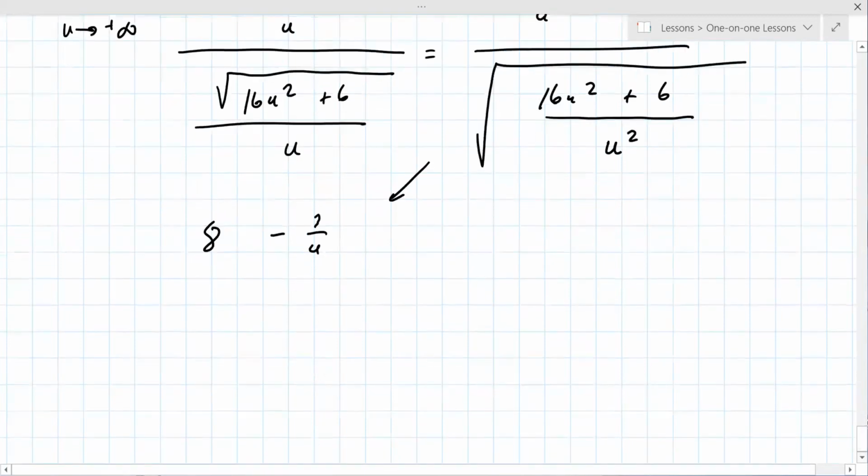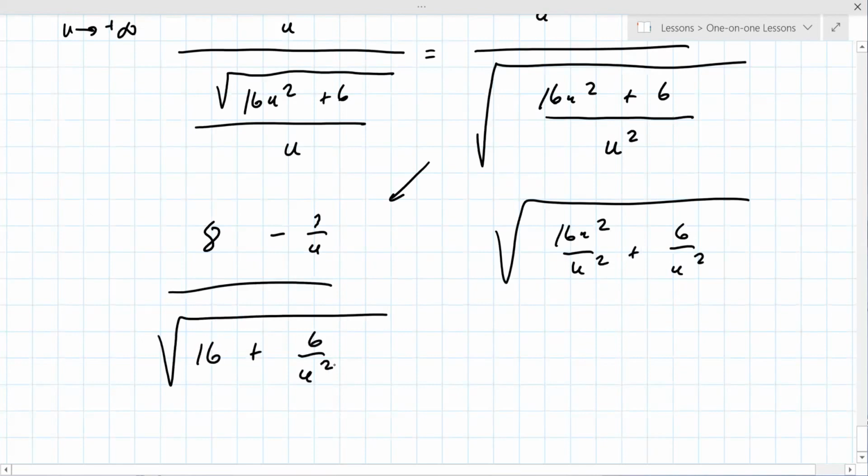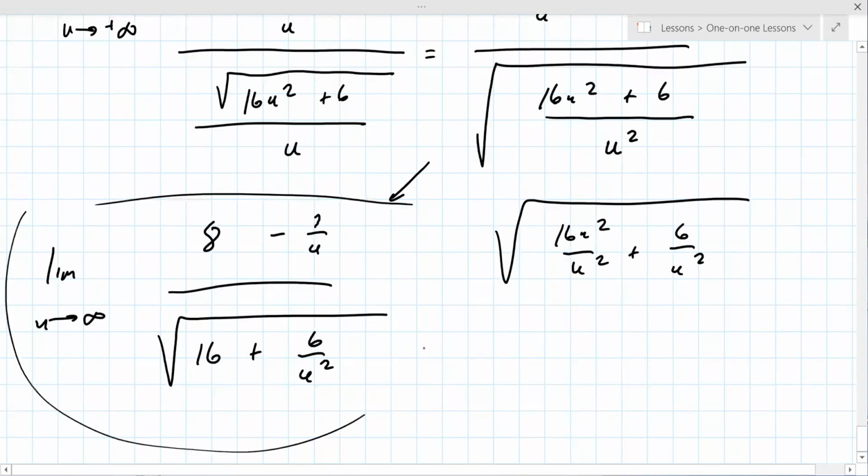So this is the square root of 16u squared over u squared plus 6 over u squared. This comes over the square root of 16 plus 6 over u squared. It's the limit as u goes to infinity. So this is the thing we're doing after we do the simplification, dividing and then moving u in.